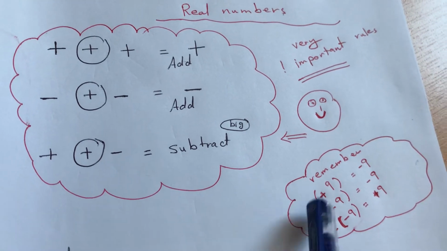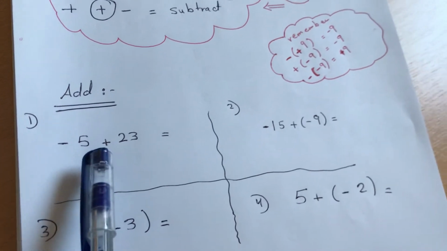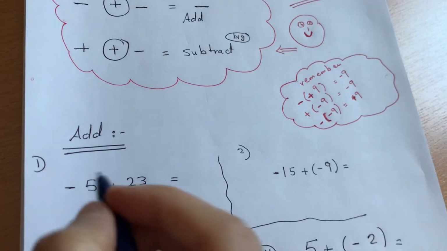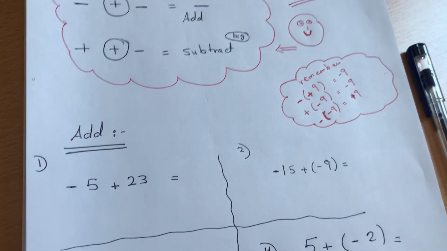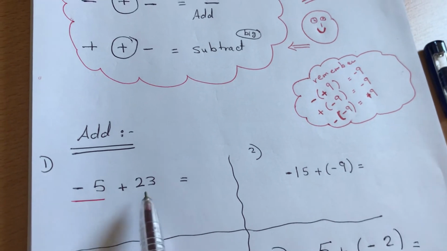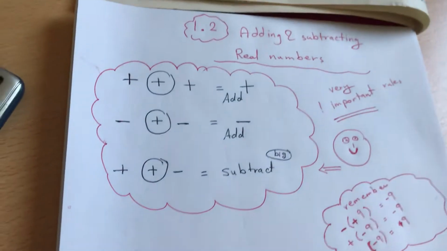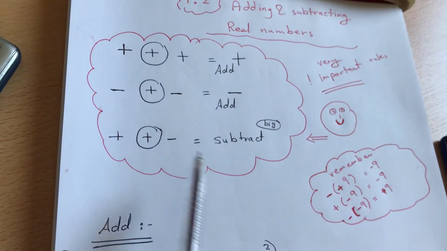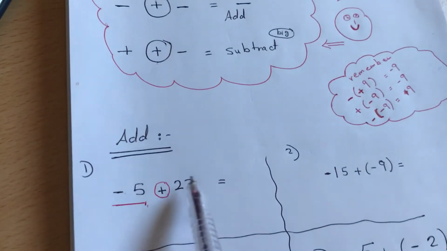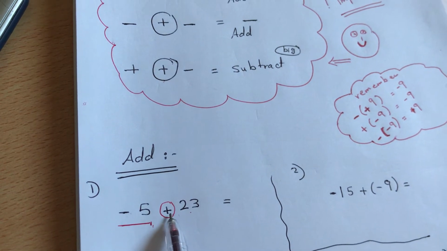Now we will use these two in the exercises. First one is -5 plus 23. So you will tell me, okay, this is the sign of the 5. We know it's negative. Now what is the sign of the 23? And this is the plus. The sign of 23 is the same as this sign.